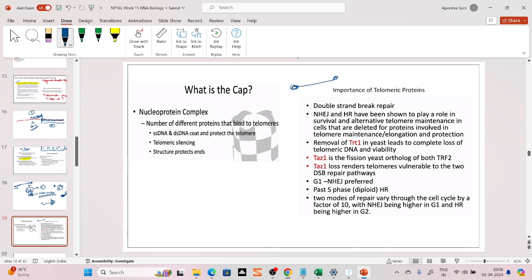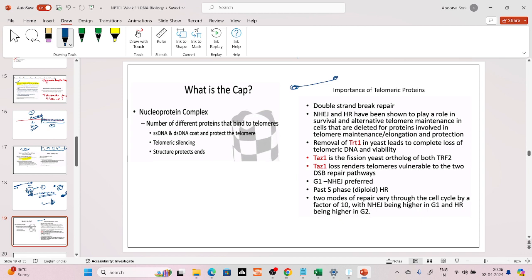This is just to explain what all functions this cap does. So this telomere cap protects the ends, helps in protecting the integrity of the chromosome, and also provides a surface for other proteins to come and bind to it.